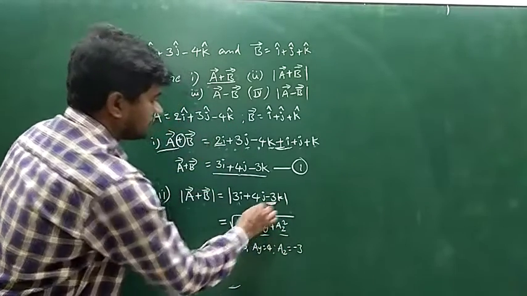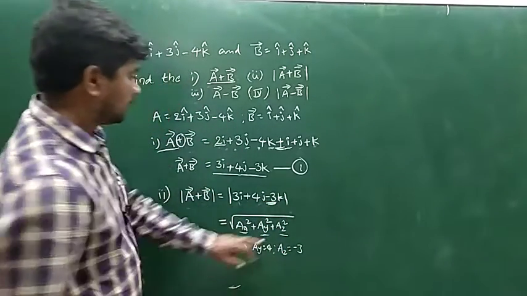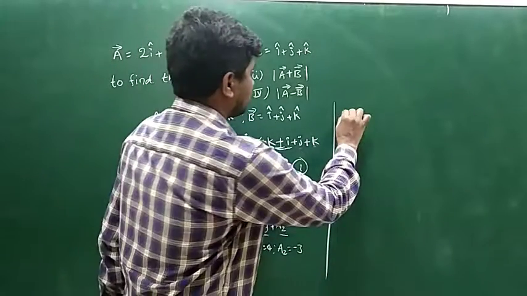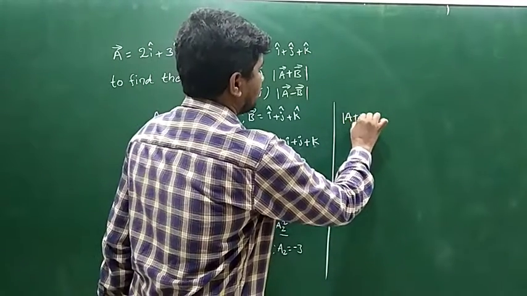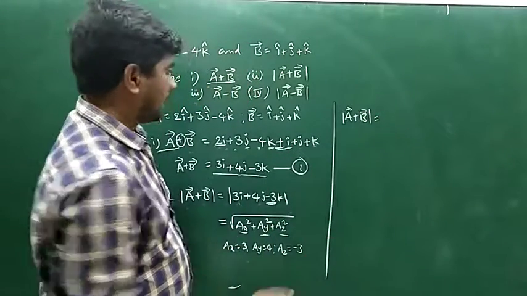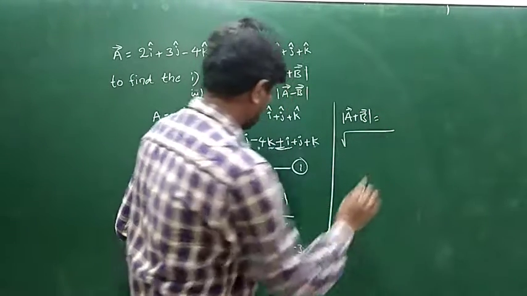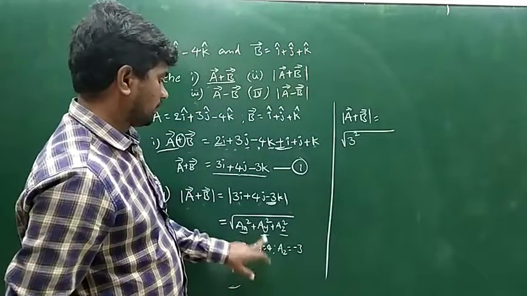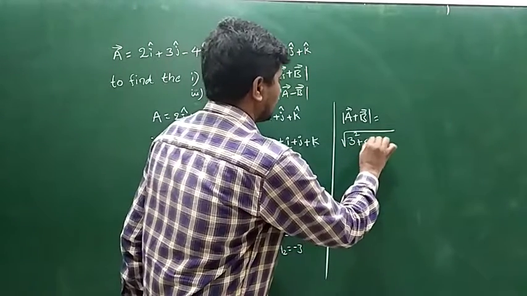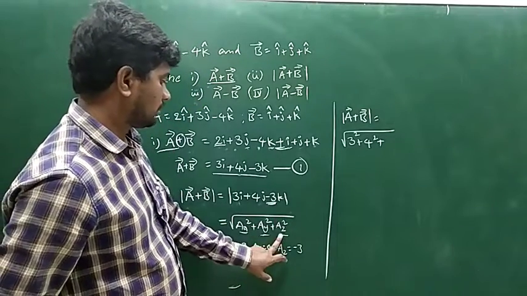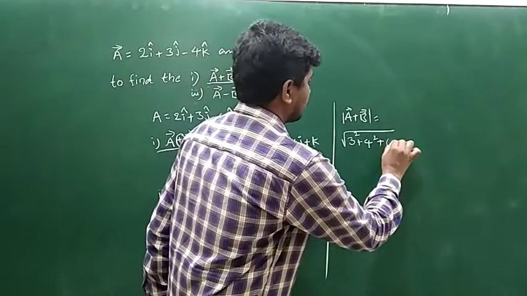Substitute in the equation: magnitude of a bar plus b bar is the square root of ax square, which is 3 square, plus ay square, which is 4 square. Next, az square is equal to minus 3 whole square.